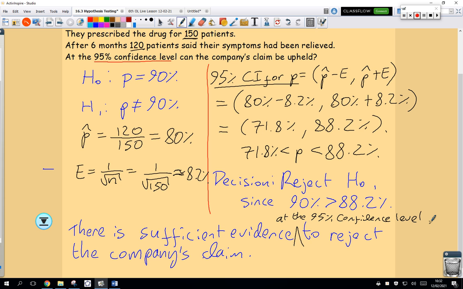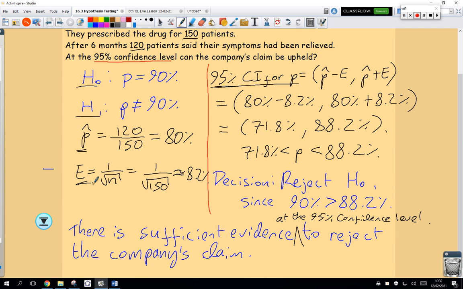So that's how we perform a hypothesis test. We take some claim and we test it. The format is always the same in our course. Write down the null hypothesis, write down the alternative hypothesis, construct your confidence interval. To do that, you need to find P hat and E, and then make a decision based on your confidence interval.